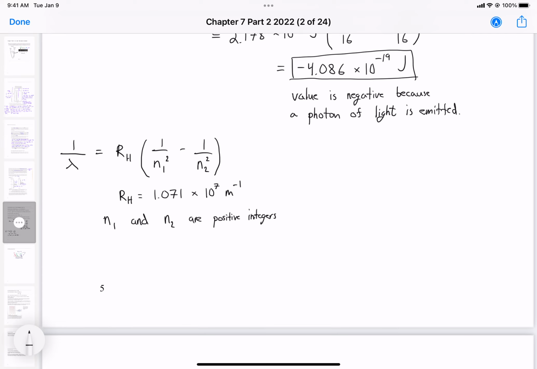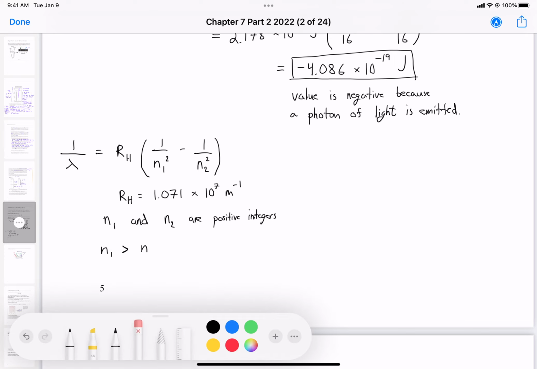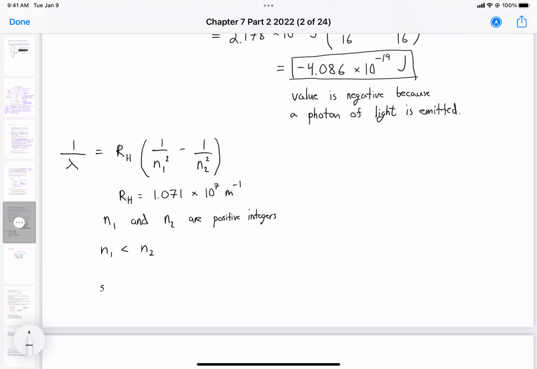But the caveat is that N1 should be greater than N2. No, sorry, the other way around. N1 should be less than N2. That's the only caveat, because if N1 is greater than N2, you'll get a negative value, and we can't have a negative value for wavelength.